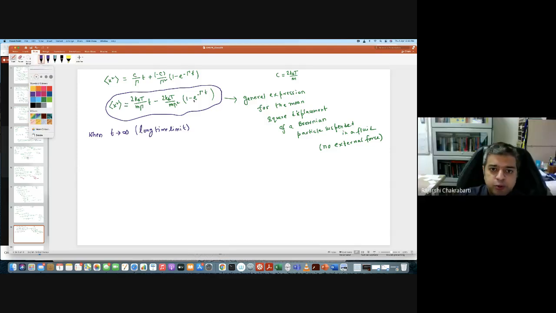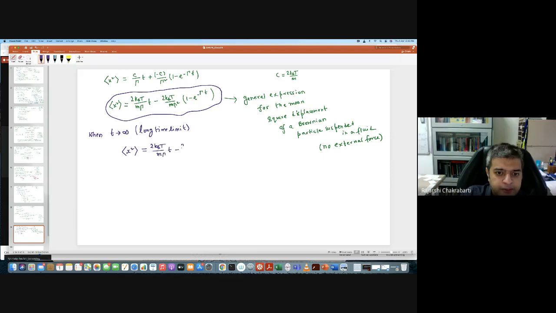Yes, because this exponential of minus gamma t should be 0, no? e to the minus infinity is 0, isn't it? So your x square average will become gamma t minus, sorry, minus infinity is actually 0.